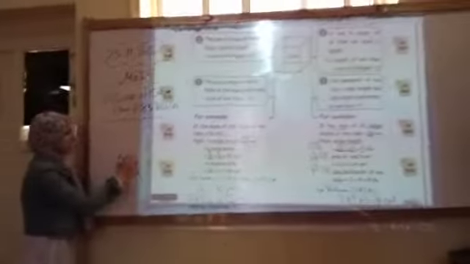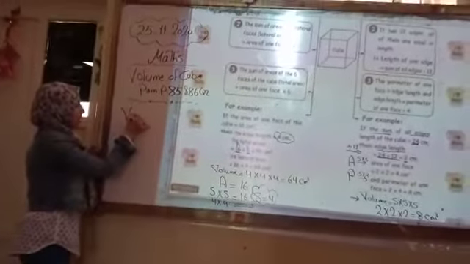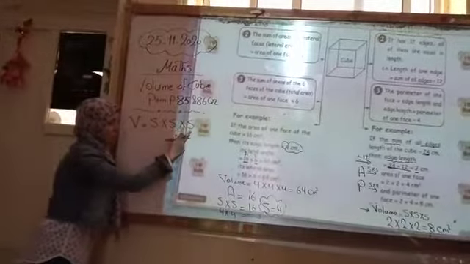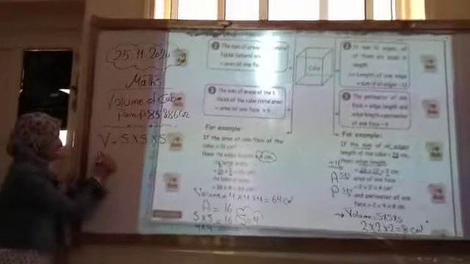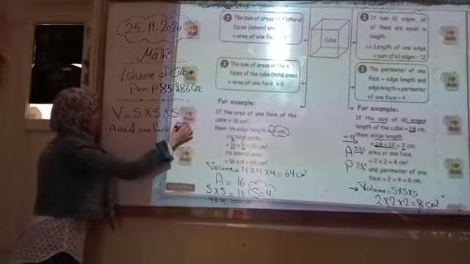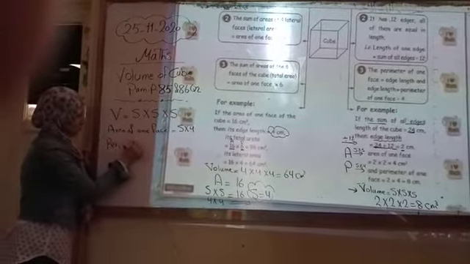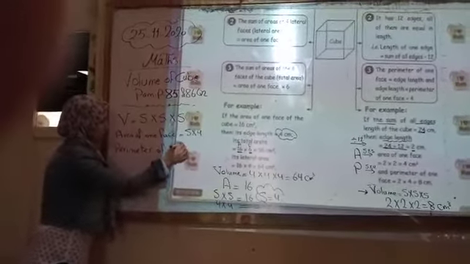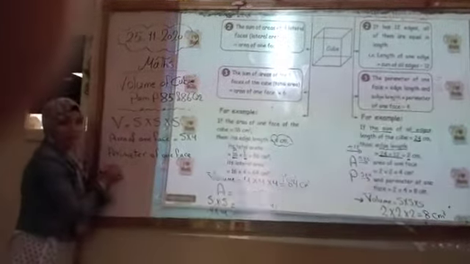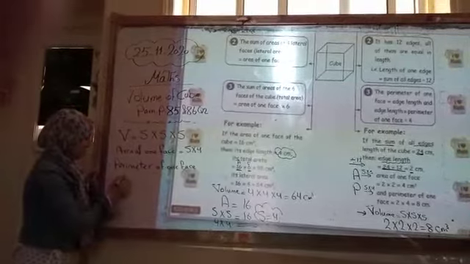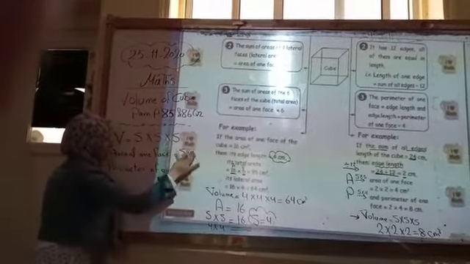Again, now we have that volume of cube equals side length by side length by side length. And area of one face, side by side.